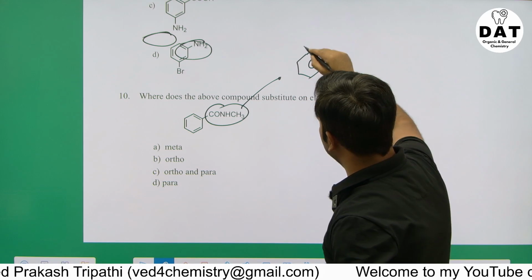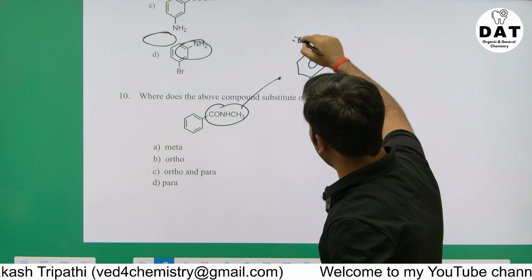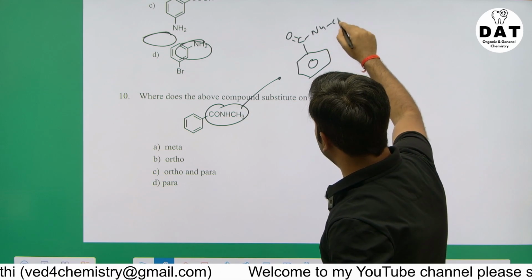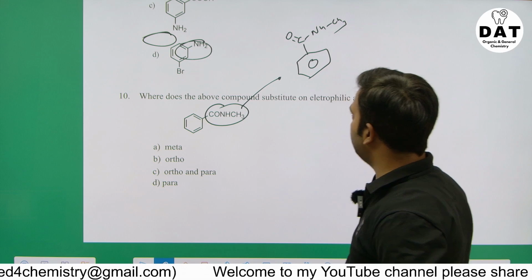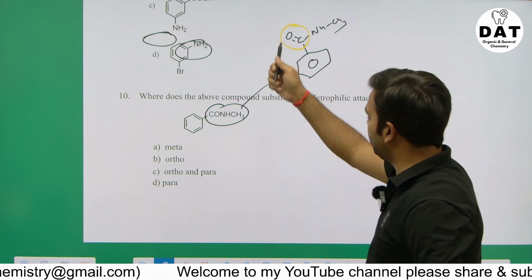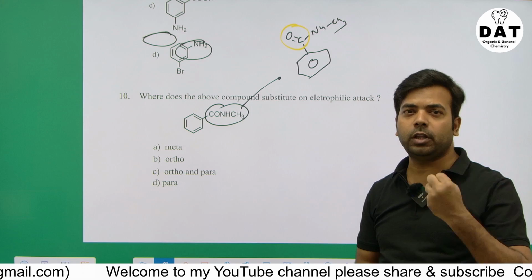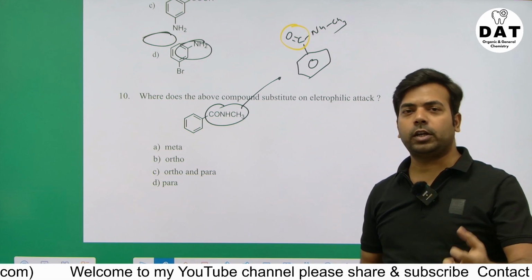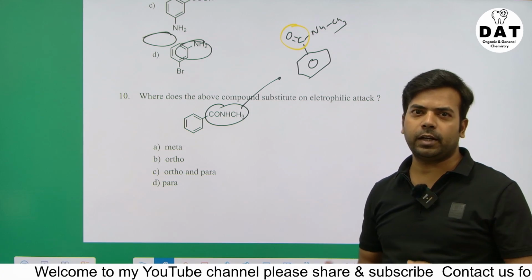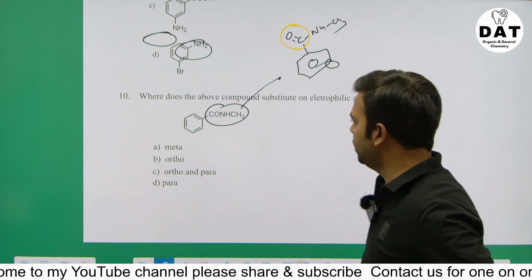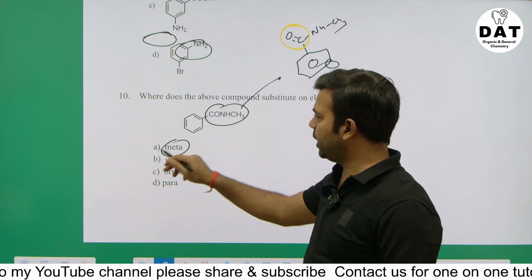C double bond O and then NHCH3 like this. So you can see you have a double bond directly bonded with the ring. A double bond is electron withdrawing, so it will pull the electrons, and we all know an electron withdrawing group will direct the incoming electrophile at the meta position. So this is the meta one. So we will say meta is the only right choice.